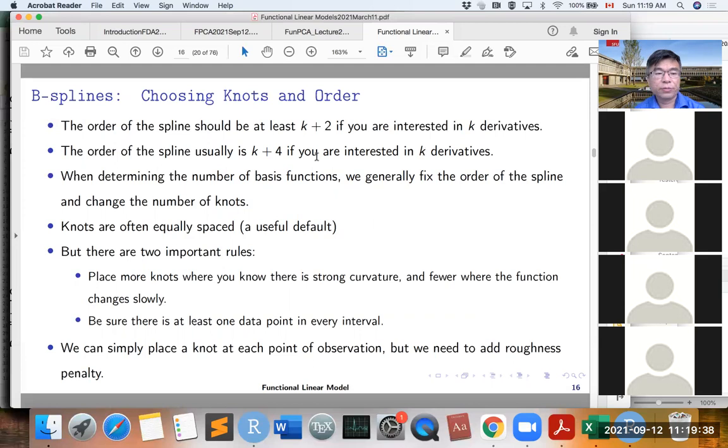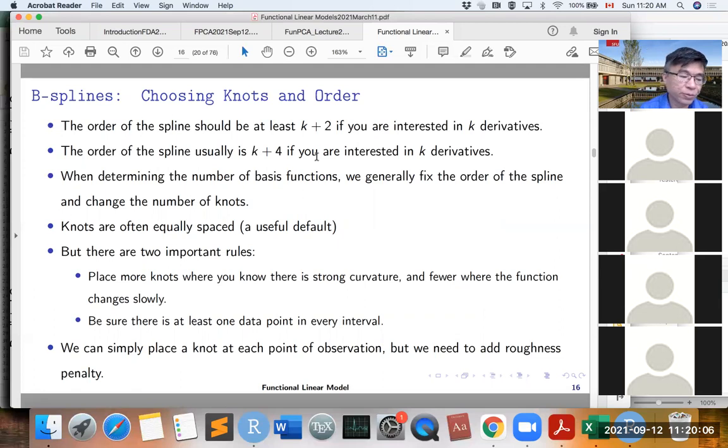Generally we will fix the order of the splines, and we will vary the number of knots when we do the estimation. The order of the splines does not change the results a lot. Generally we don't recommend choosing too high an order of splines.